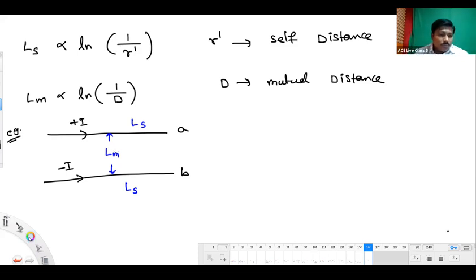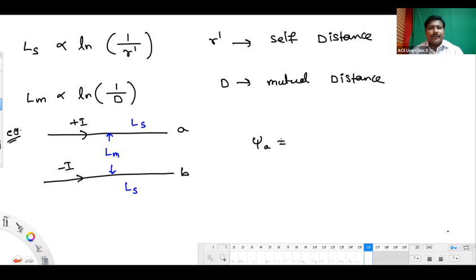Now, what is the expression for the flux linkages experienced by conductor A? Psi A. Listen, please, don't confuse. I will give clarity using a problem also.